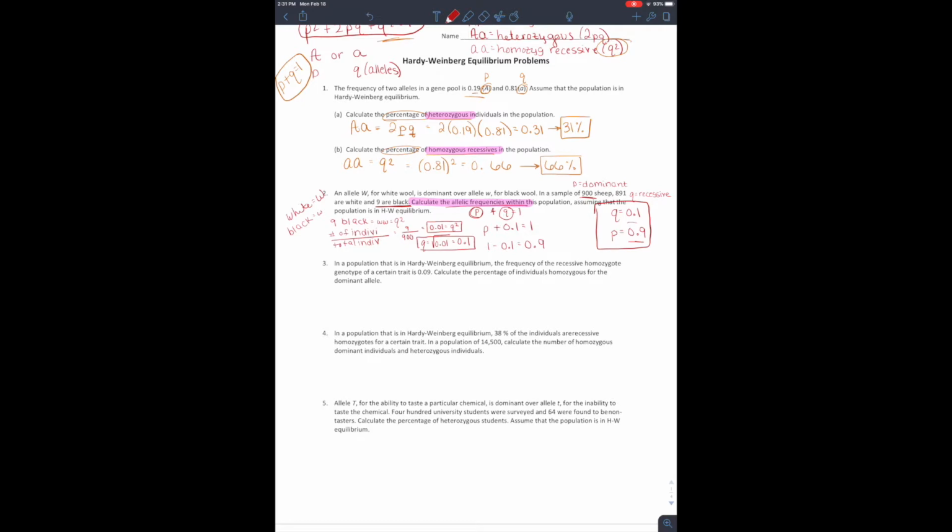So you can find Q squared, and you can find P squared, and you can find 2PQ, but make sure that when you're bubbling or boxing in answers, or writing your free response, that you address what the question wanted to know. If you had put that Q squared is 0.01 and boxed it or bubbled it, you'd be wrong, because that's not what it wanted to know about.